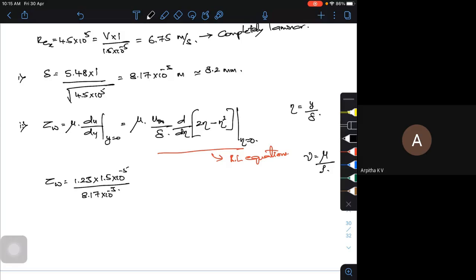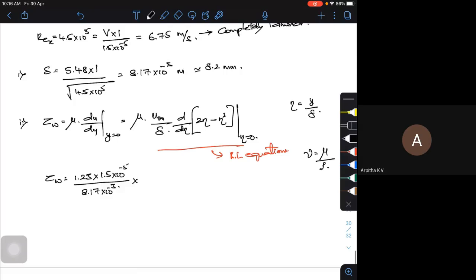Then if you try to differentiate this particular thing, this will be d by d eta at eta equal to 0. So if I put eta equal to 0, I'll be getting only the velocity gradient, du by dy.